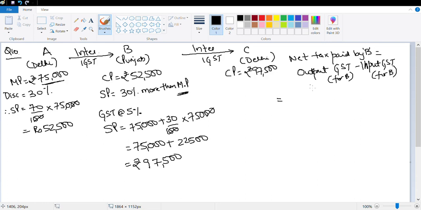Output is calculated at selling price and the tax rate is 5%. So 5 by 100 into selling price, that's 97,500, minus input, which is 5 by 100 into cost price, which was 52,500.